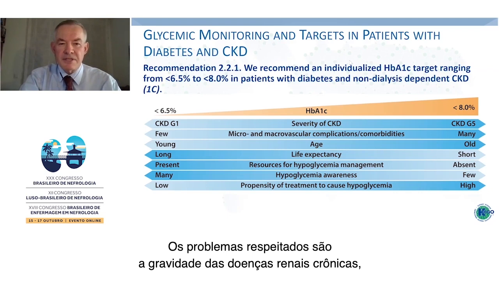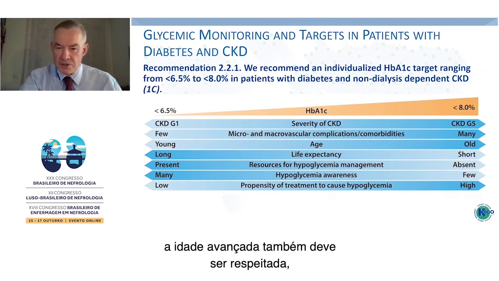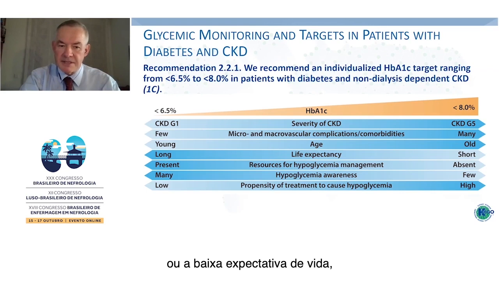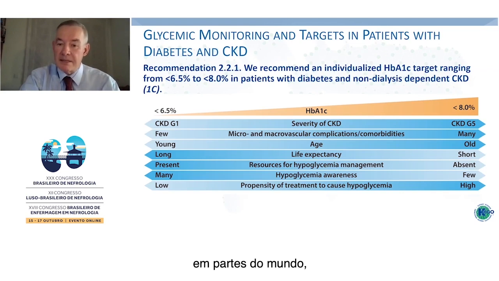So the respected issues are the severity of chronic kidney disease and the micro- and macrovascular complications. Old age is certainly to be respected, or short life expectancy. Resources for hypoglycemia management are absent mainly in parts of this world.